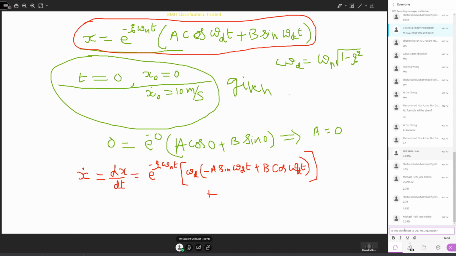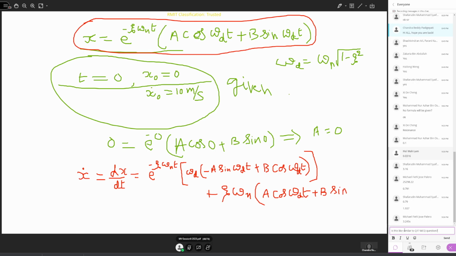So the derivative of this will be e power minus eta omega n t, so you can write it as eta omega n, then multiplied by a cos omega d t plus b sine omega d t. So this is the total derivative of the given x value.